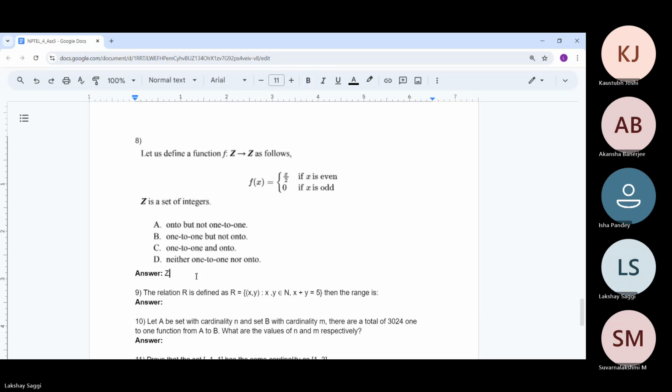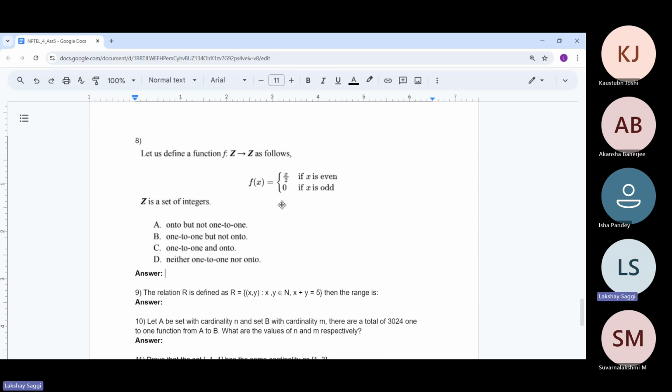So the domain is the set of integers, and the codomain is also the set of integers, and this function is defined as follows. f of x is equal to x by 2 if x is even, and f of x is 0 if x is odd.